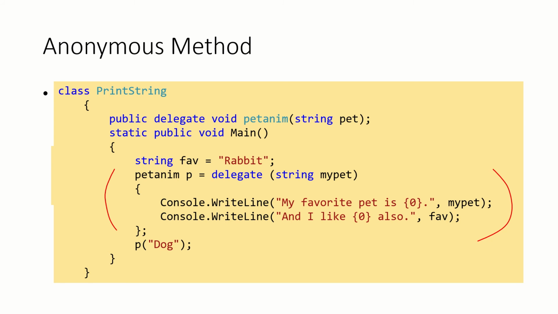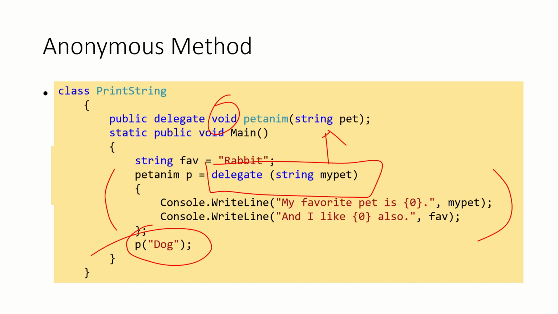Okay, so this delegation should match with this one, and return nothing. So you can call P the similar way you call a delegate, right? Once you do that, you don't have to call the method again, right?